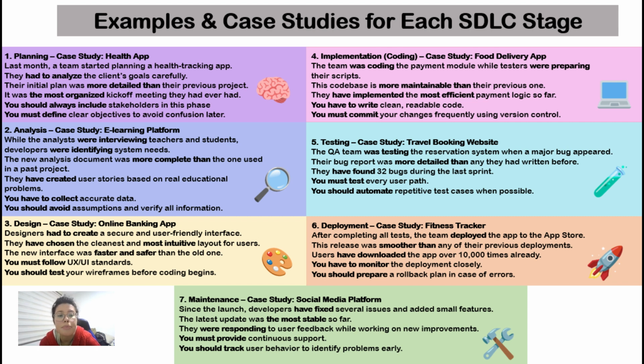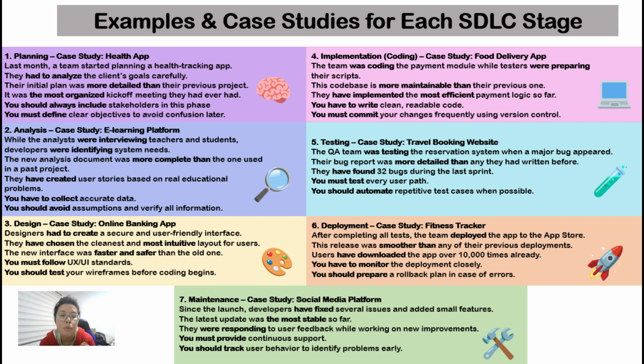Seventh stage and last is maintenance. Our case study is a social media platform. Since the launch, developers have fixed several issues and added small features. The last update was the most stable so far.